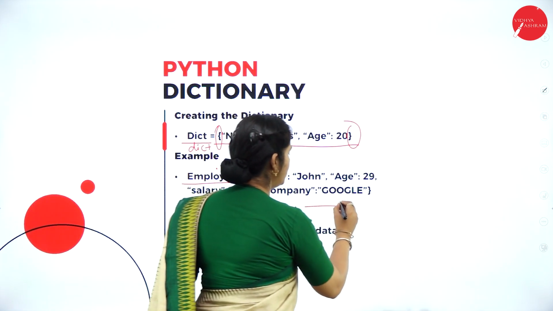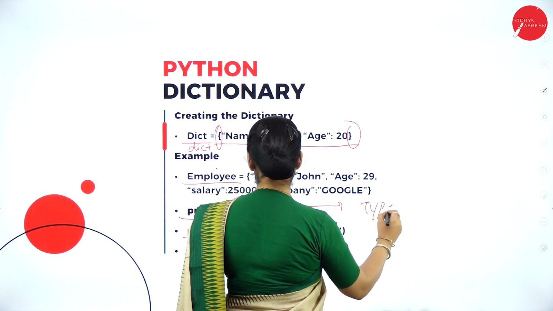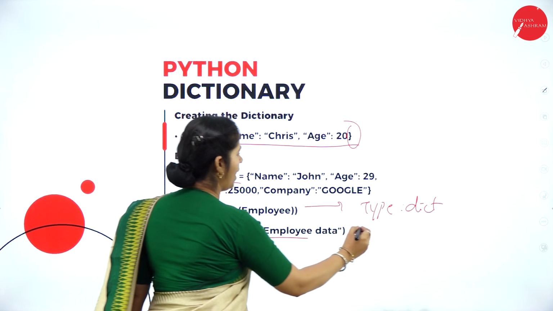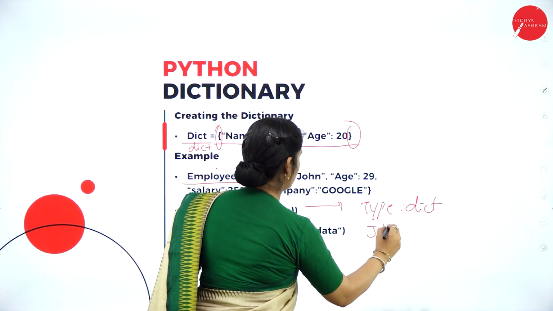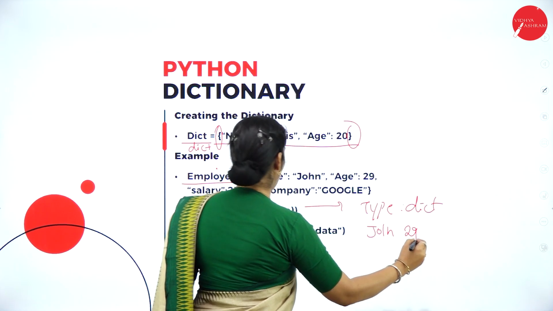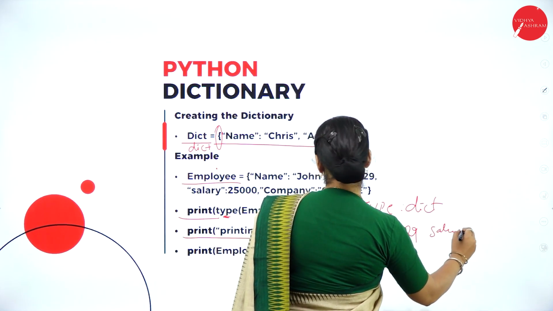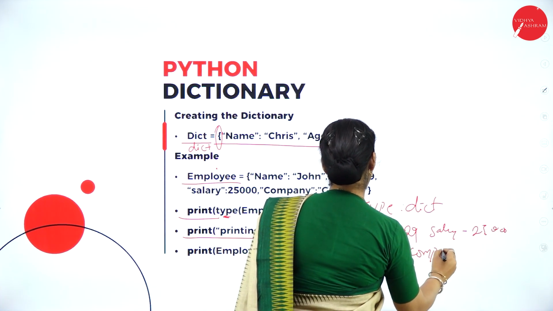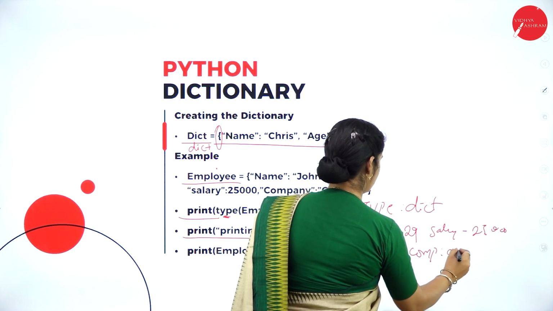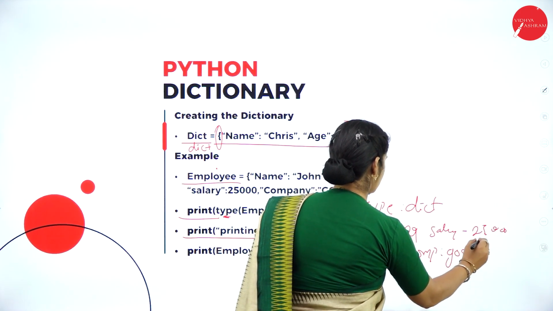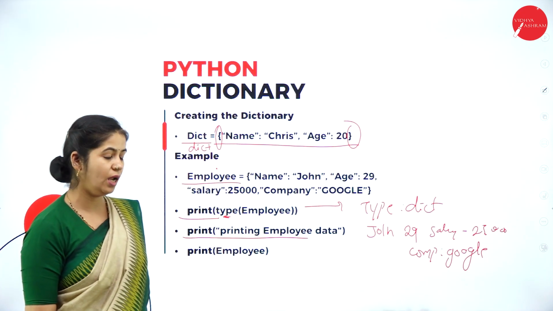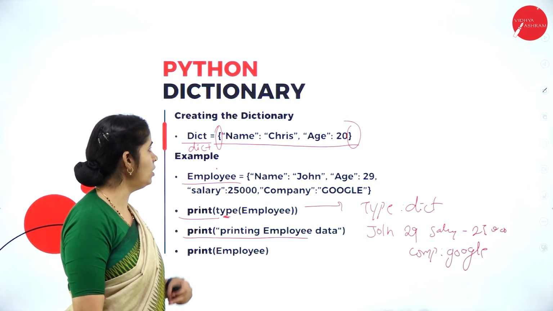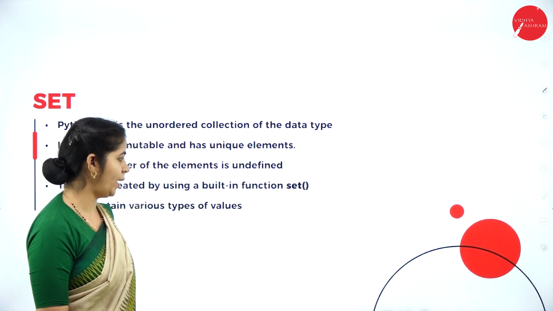It will print its type is dictionary, and it will print employee name as John, age is 29 and salary is 25,000 and company is Google. So this much will be printed on your output screen. Okay, you can have any combination of the key and value pair.